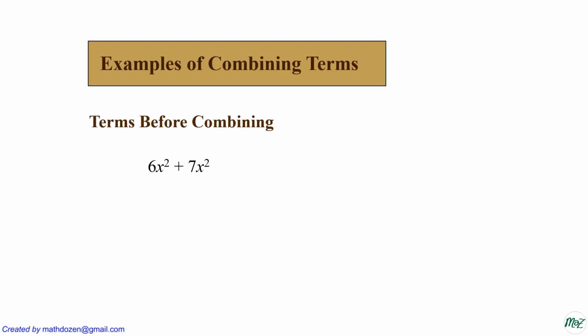For the first example, we have variable x, so that's the same name, and the power is identical for those x values, so that's square, which is a clear clue that we can combine these terms and we can call them like terms. Now, coefficients in this case are positive 6, then plus sign, and positive 7. So all we need to do is combine 6 and 7 using addition, like we would normally combine objects, like 6 apples and 7 apples, 6 houses and 7 houses.